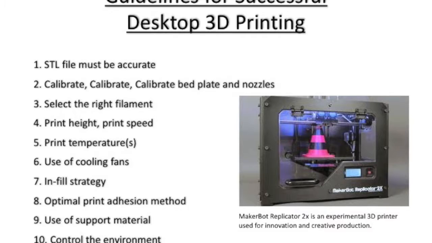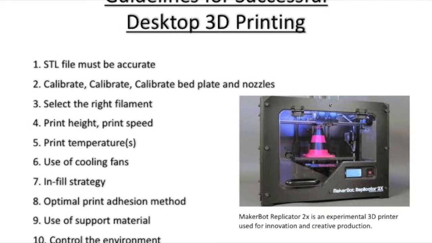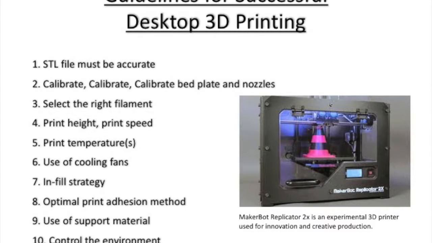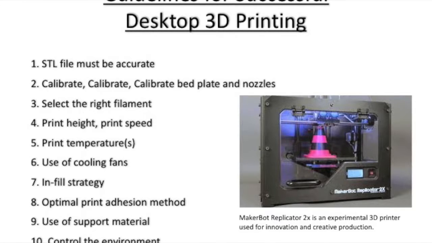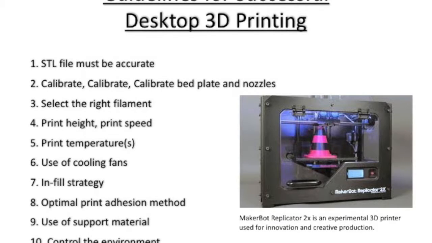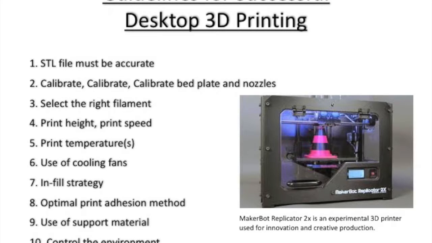So here are some helpful tips that I wanted to share when it comes to successfully 3D printing. The first one is that we want to make sure that our CAD file, computer aided design, or STL file is accurate. It has to be watertight, meaning that it doesn't have any flaws in the dimensions. It has to be on the actual grid that represents the bed plate, so it has to be very accurate.